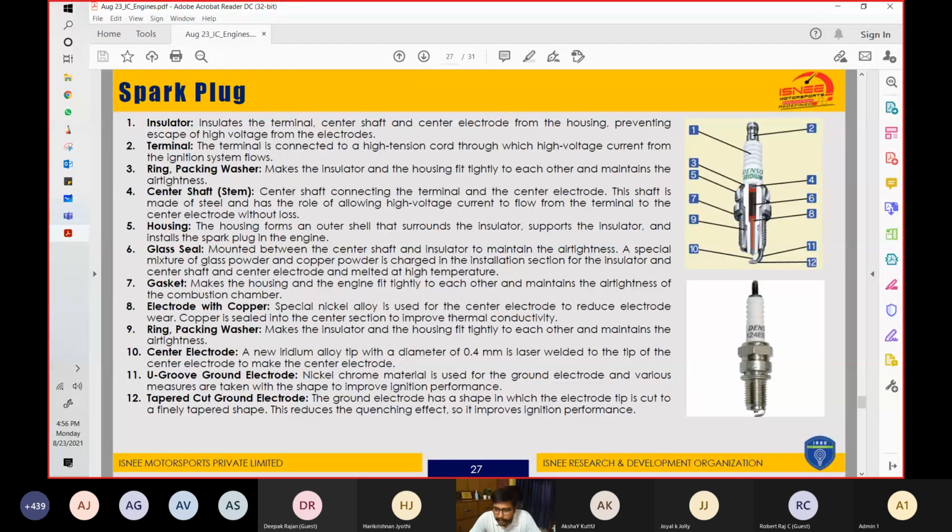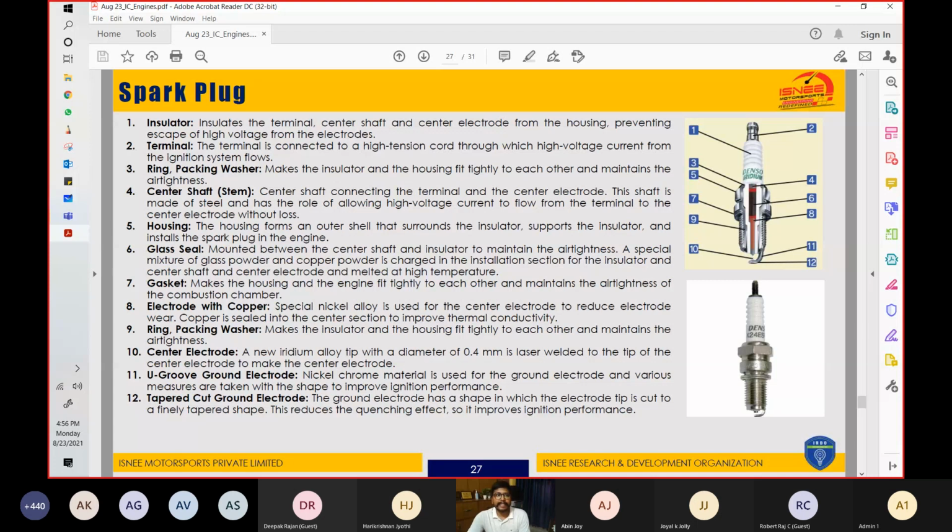You see, this is a typical design of a spark plug. There is a gap over here, and this gap is intentionally kept, and it is varied as per the application and the size of the engine. These spark plugs are designed for specific sizes of engines, like 50cc, 100cc, 110, 125. So it is not like any spark plug can be used in any vehicle. Two-wheeler spark plugs are different, four-wheelers are different, and so on.